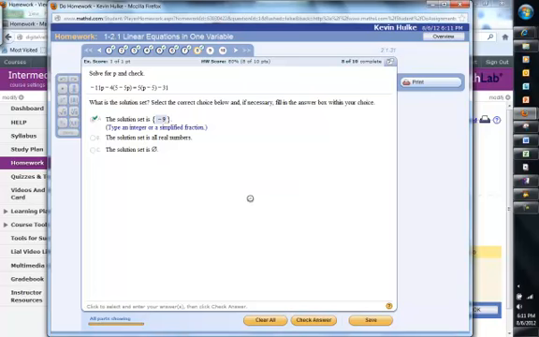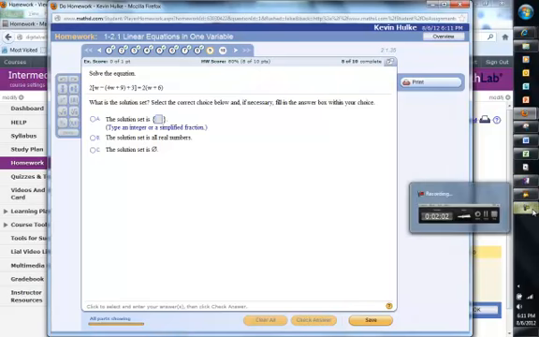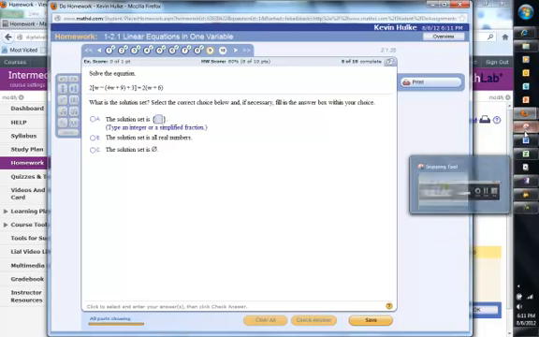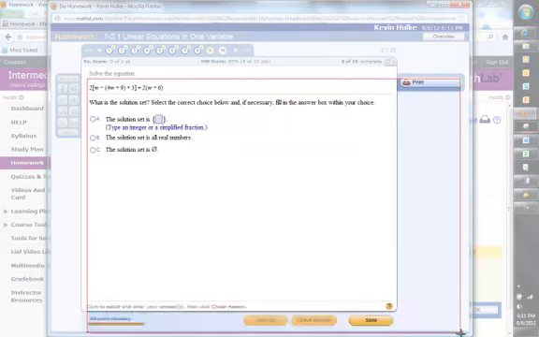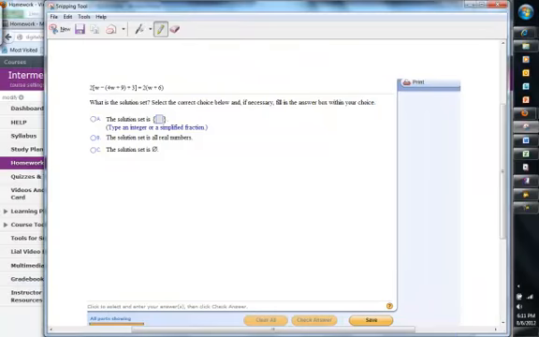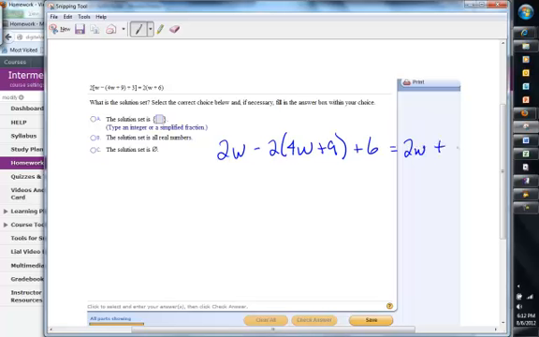Okay, next one. Another one where we have to multiply out the parentheses. So we get 2w minus 2 times 4w plus 9 plus 6 equals 2w plus 2 times 6 is 12.